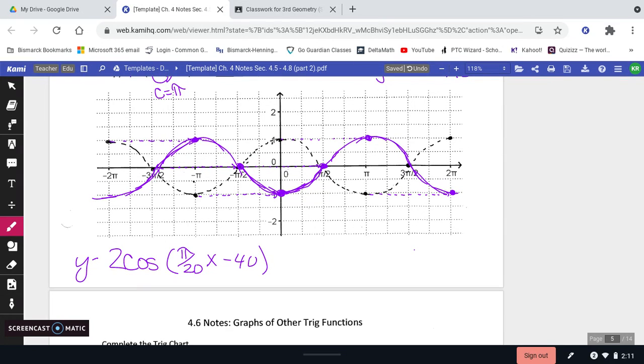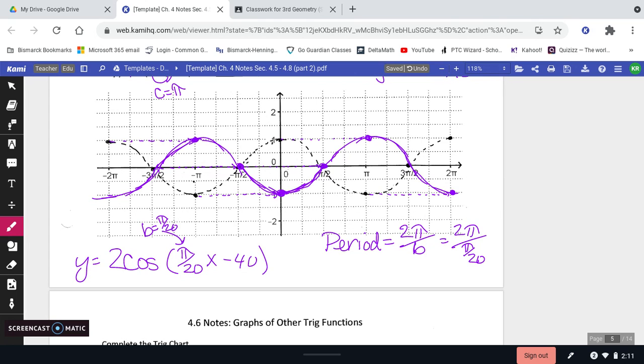If you're looking for the period, your period for cosine is always 2 pi divided by b. Our b, the coefficient in front of the x, is this pi over 20. So to find this period, this period is going to be 2 pi divided by pi over 20.